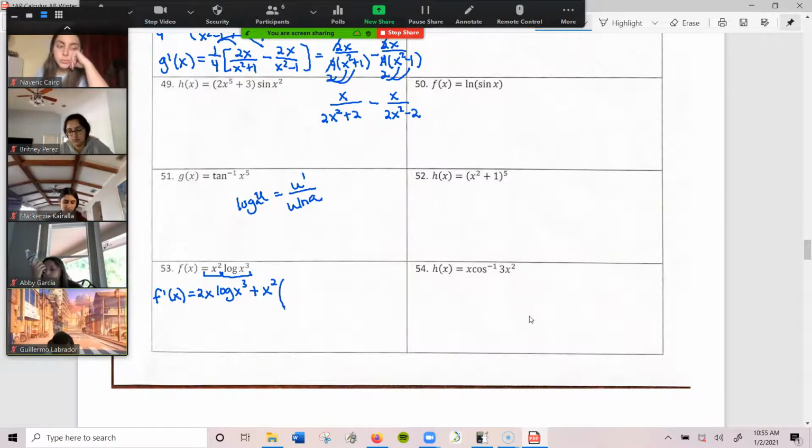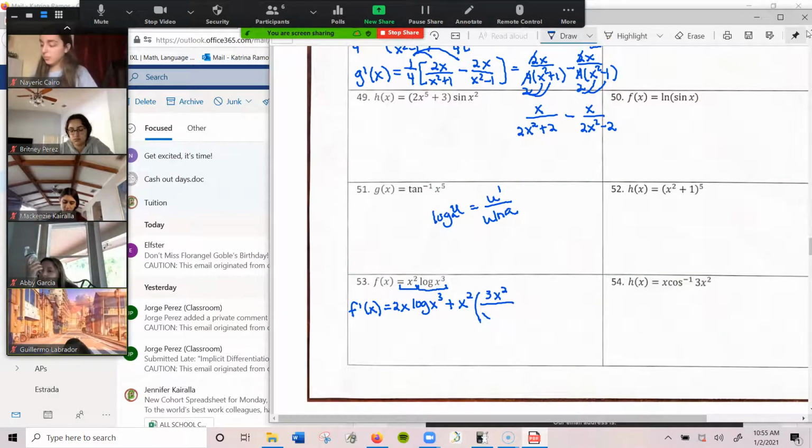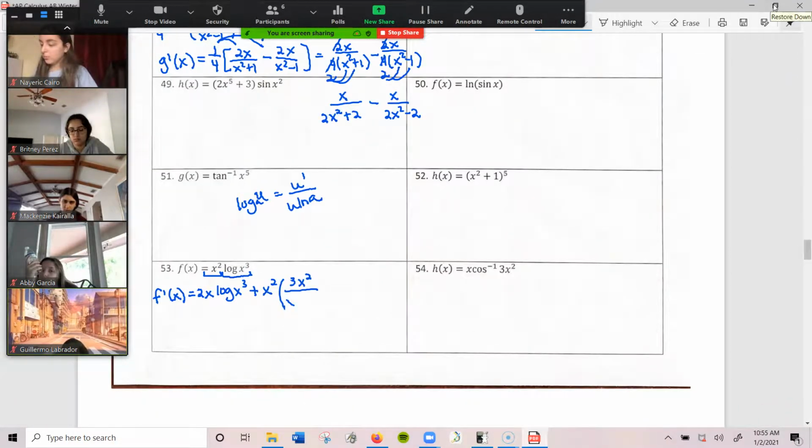So my derivative of x to the third is 3x squared, and we put that over x to the third, times the ln of the base. What is the base for log of x to the third? 10. Exactly. If you don't see a base for log, it's always 10.